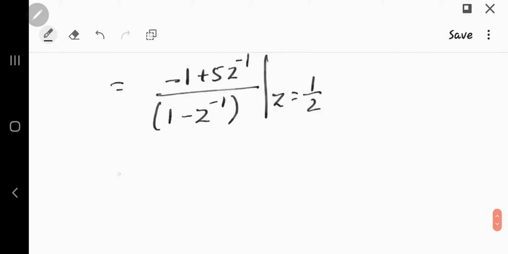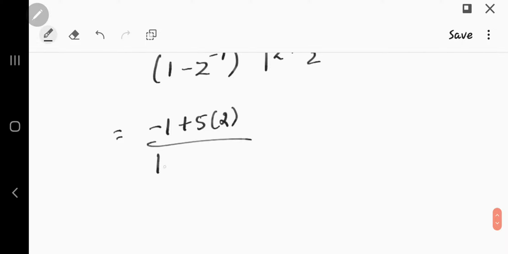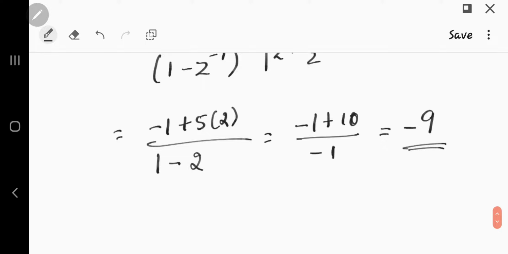Now substituting the value for z: minus 1 plus 5 into 2, because it is z inverse, divided by 1 minus 2. So minus 1 plus 10 divided by minus 1. You will get 9, and with the minus in the denominator, that makes it minus 9.